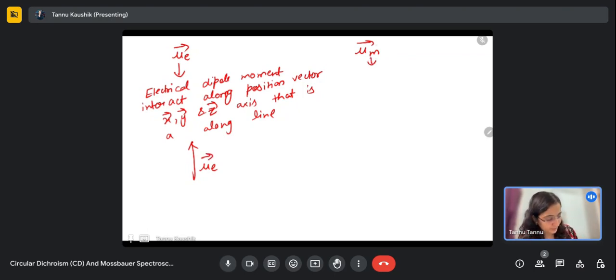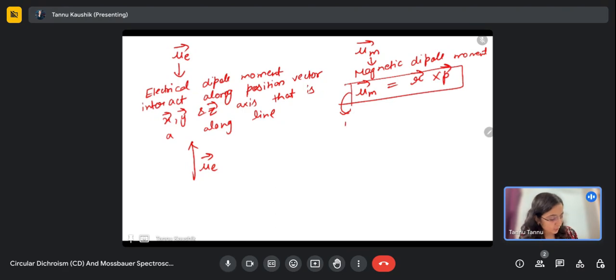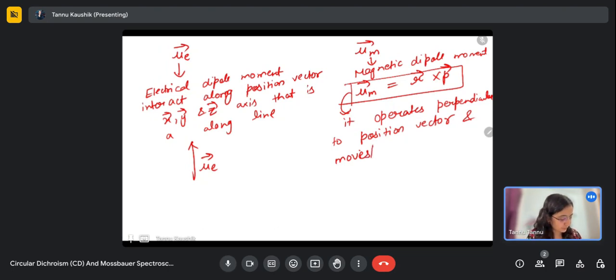But the magnetic dipole moment is a cross product of the position vector and the momentum vector, which means it operates perpendicular to the position vector and moves in a circular plane, or in a circular way.